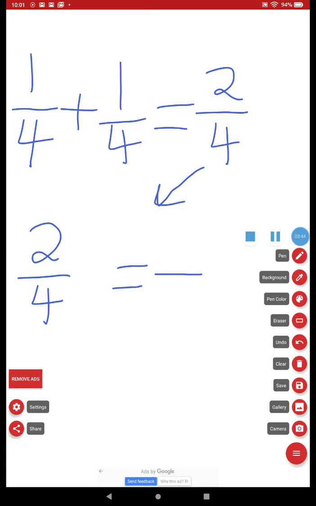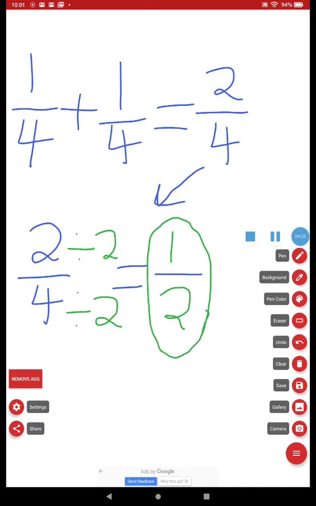Very good, 2 does, so I'm going to divide out 2 from the top and the bottom. 2 divided by 2 is 1. 4 divided by 2 is 2. Now that I have a 1 in my numerator, I can't simplify it anymore. So I get 1/2. 1/4 plus 1/4 equals 1/2.